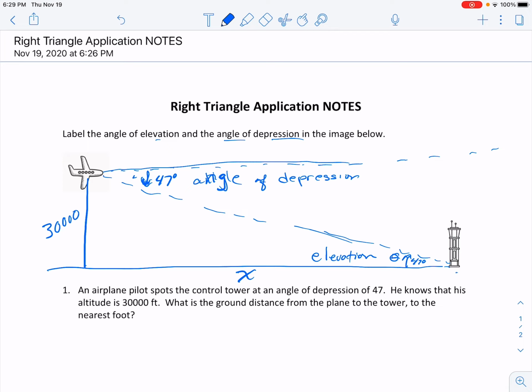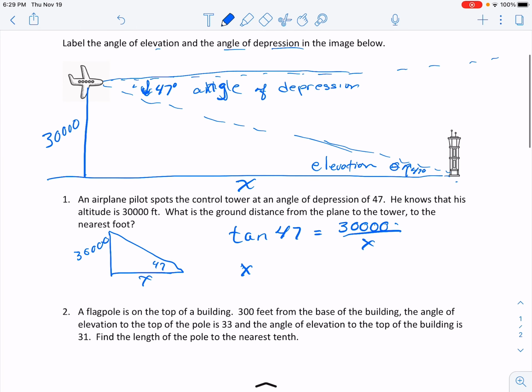Okay, so when I set up my triangle, 47, 30,000, and we're looking for this. We got an opposite and adjacent. That looks like tangent. Tangent of 47 equals 30,000 over x. You multiply by x and divide by tangent.